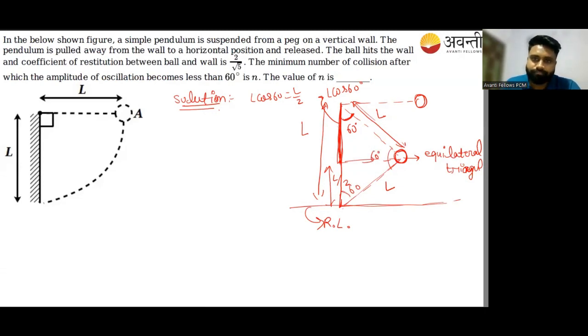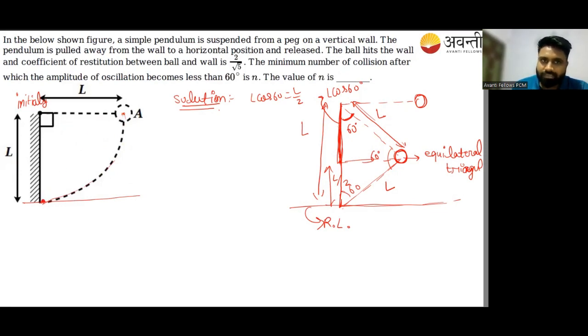Got it? So now if I talk about the initial position, let's say this initial position. Initially, we have kept it here at a height L. So when it comes down to the minimum point of its height, it will have some kinetic energy.